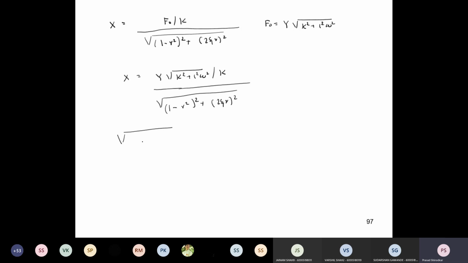The numerator term, square root of k square plus c square omega square by k, I am just going to write by taking everything under the root. So this I can write as square root of 1 plus (c omega by k) whole square. Is that understood? Can I continue?